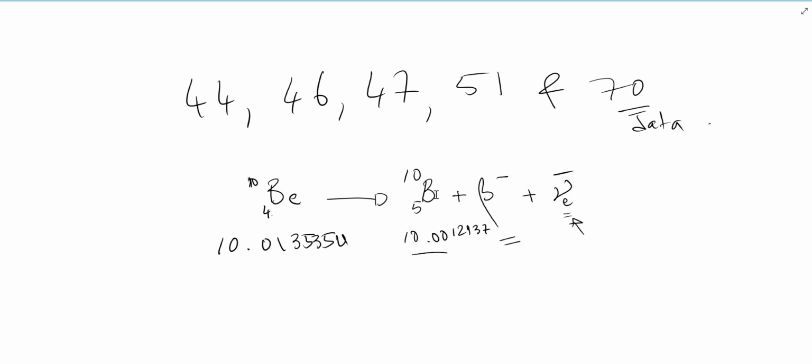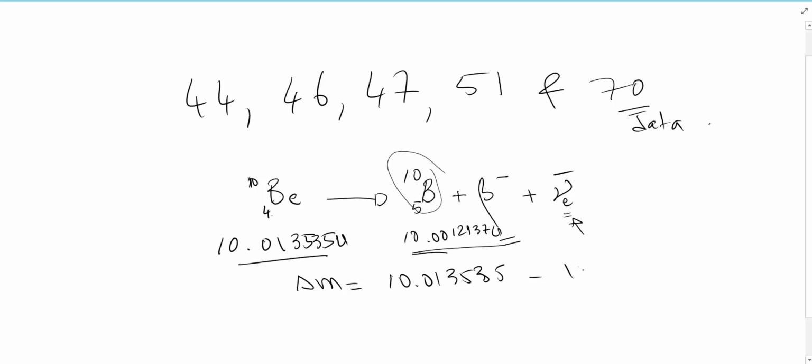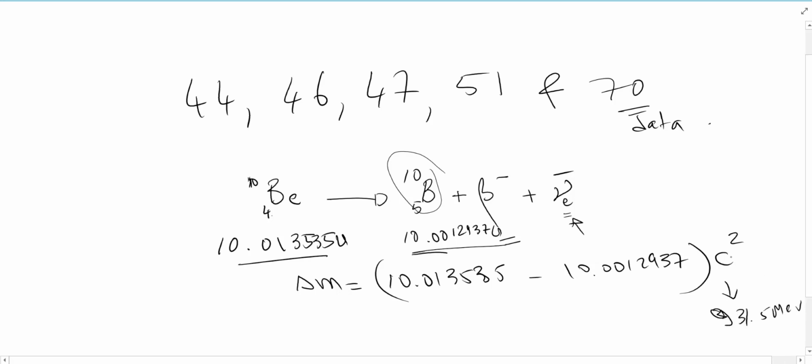The mass of the boron itself has the electron included in it, so it's just the difference in the two masses times the speed of light squared. So delta M is going to be 10.013535 minus 10.001297, and the whole thing is multiplied by c squared, or 931.5 MeV. Okay, so that should give me an answer for the energy.